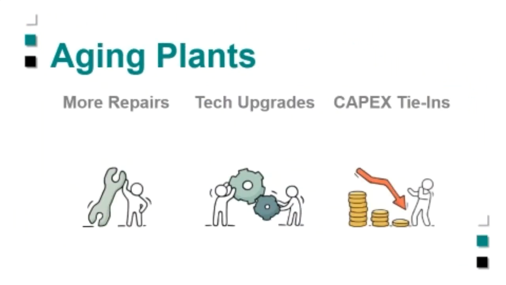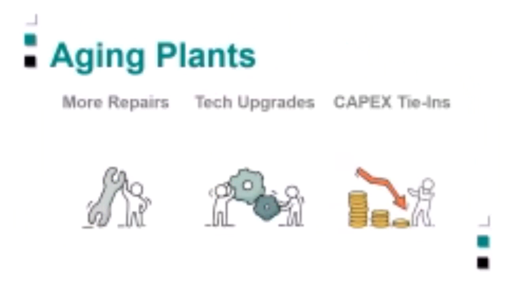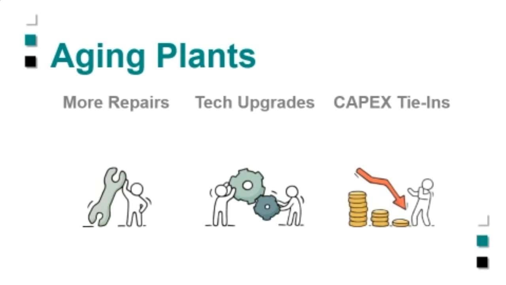Now we're finding in today's market that aging plants are the norm. They require a lot more repairs to the existing equipment that's actually out there. But as we're moving forward and technology is getting better, we're looking at technology updates to improve that computerized monitoring and things of that nature.